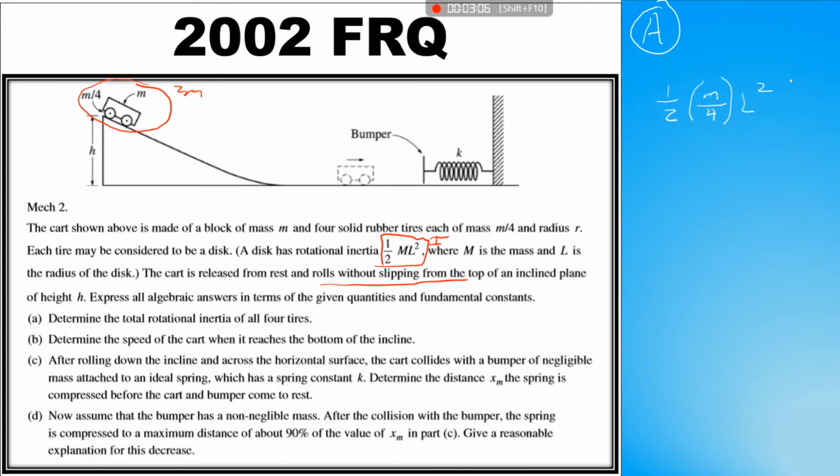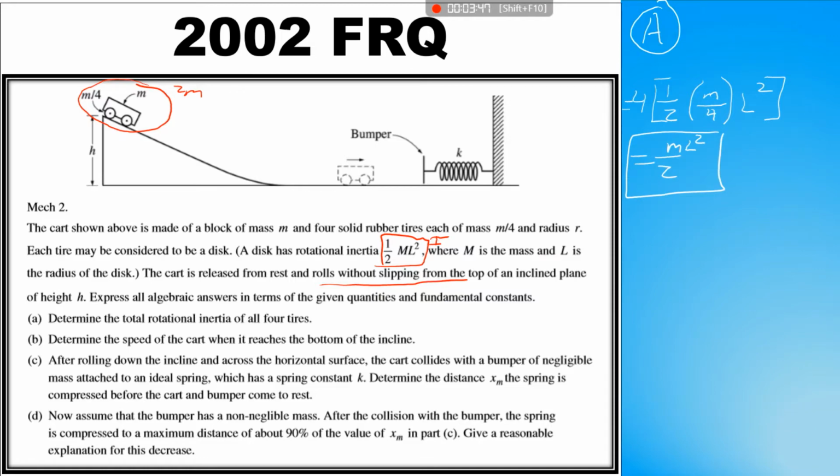That would be 1 tire, times 4, which is the same, except again, this is a capital M and this is a lowercase m. So that's 1/2 lowercase m L squared. Okay, and this was our total rotational inertia. Okay, that should be good.